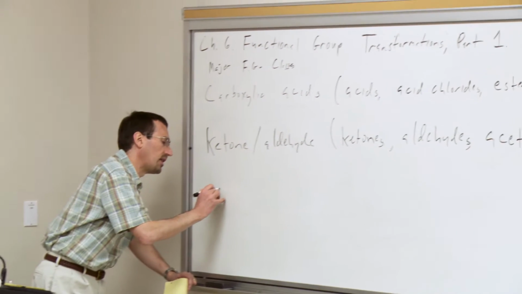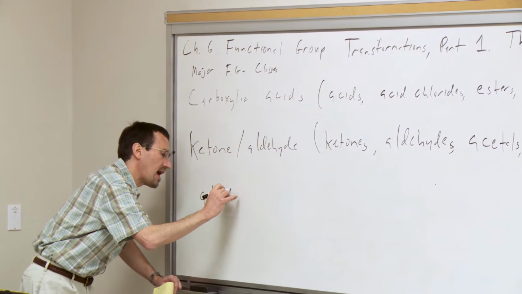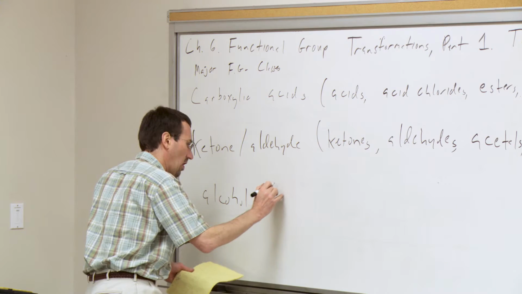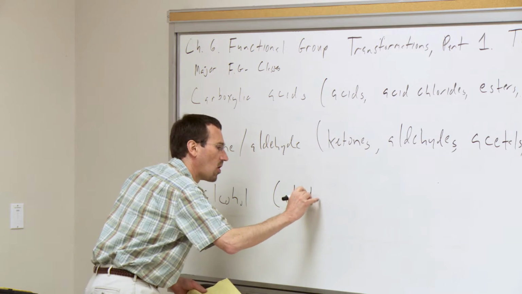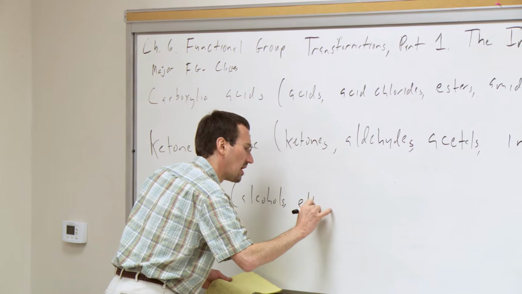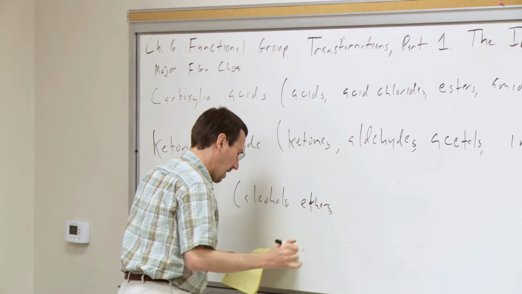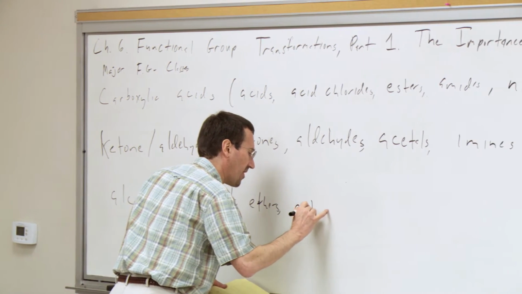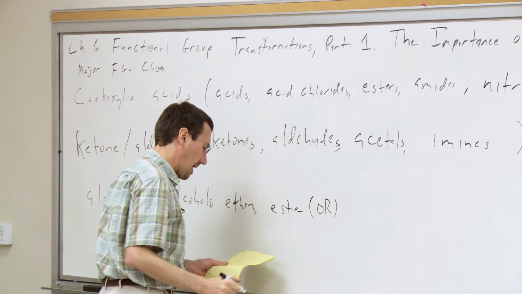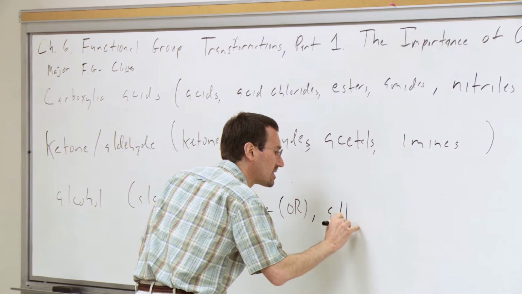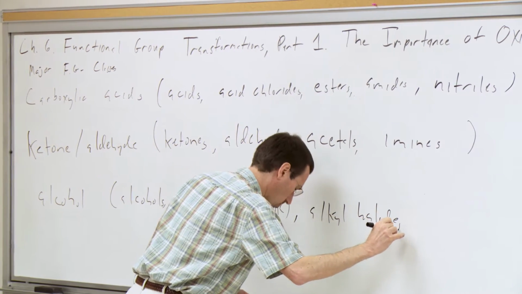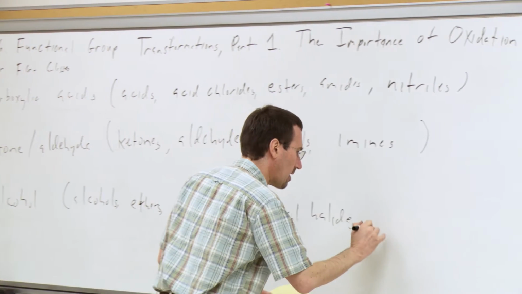Moving down a level, we come to the alcohol family. For alcohols, I'm talking alcohols themselves, but also ethers, the OR group of esters, alkyl halides. All of these go together.